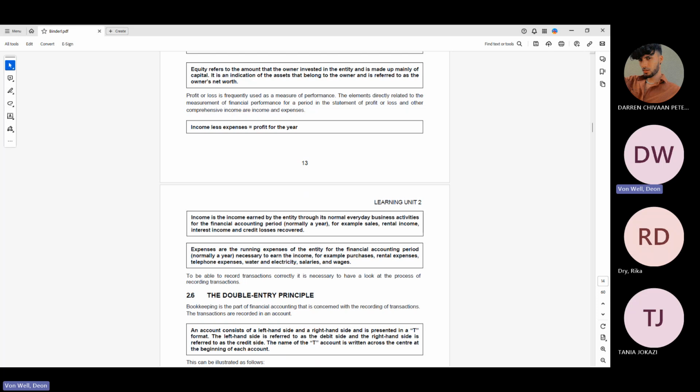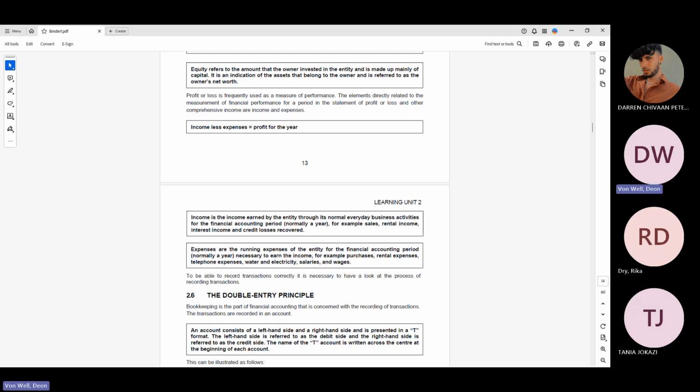So when we give you a question with these accounts in the information, if you see purchases, then you know, okay, this is an expense. Rental expenses, that's an expense. Telephone costs, we can also call it telephone costs, then you must still know it's an expense. Water and electricity, that's your water and electricity account that you must pay to the municipality. You must know that's an expense. Salaries that you pay, wages that you pay, that's an expense.